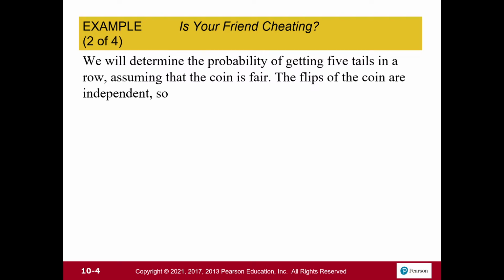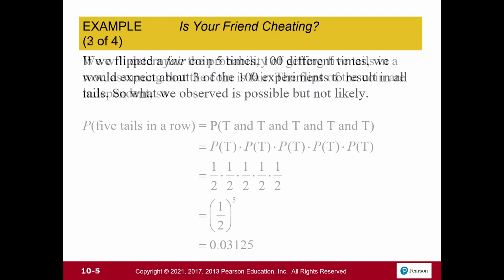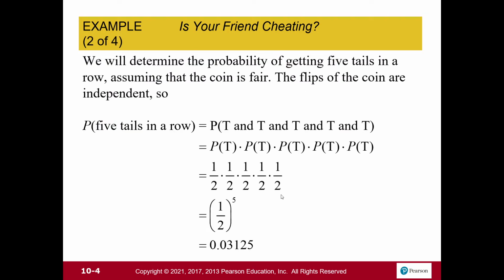So we'll determine the probability of getting 5 tails in a row, assuming that the coin is fair. The flips of the coin are independent, so the probability of 5 tails in a row would be written like this: 1/2 times 1/2 times 1/2 times 1/2 times 1/2, okay? 1 over 32, which is equal to 0.03125.